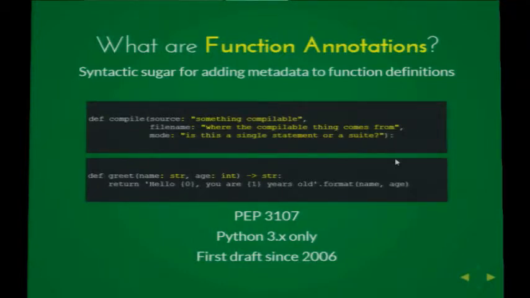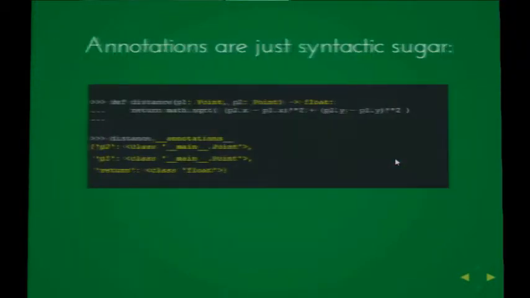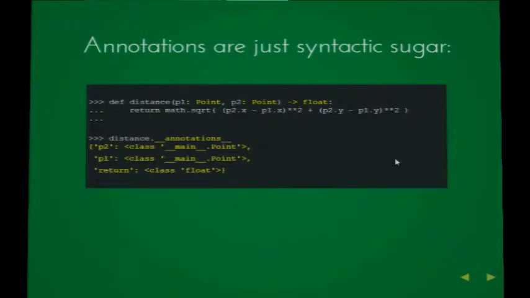Some things I would like to mention about annotations: first, they're Python 3 only. They were introduced quite some time ago in 2006, and the PEP is 3107, in case you're curious to see the detailed specification of this feature. Another thing I would like to mention about function annotations is that they're just syntactic sugar.